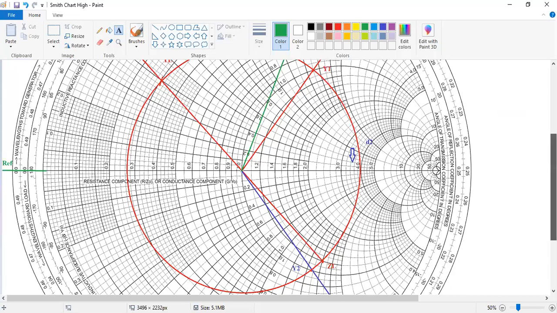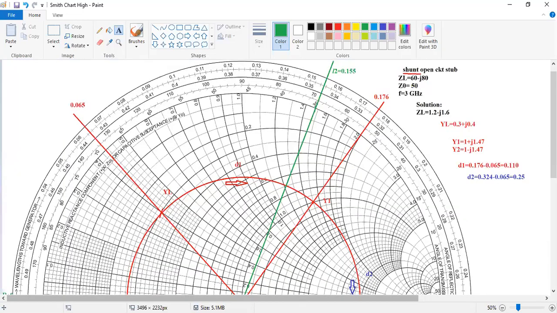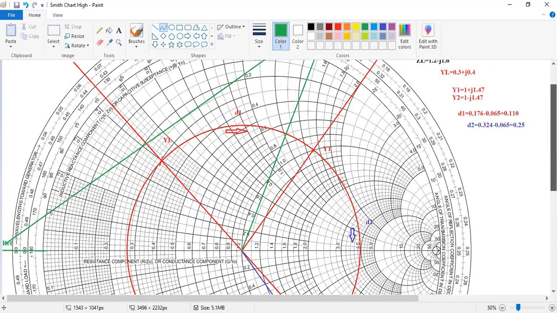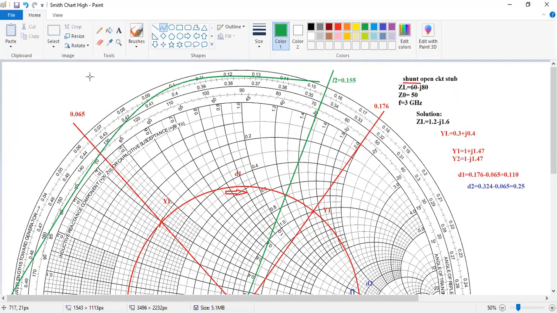So I'll just mark it. So your L2, from the reference, it will go till this. You can just imagine this is your L2.